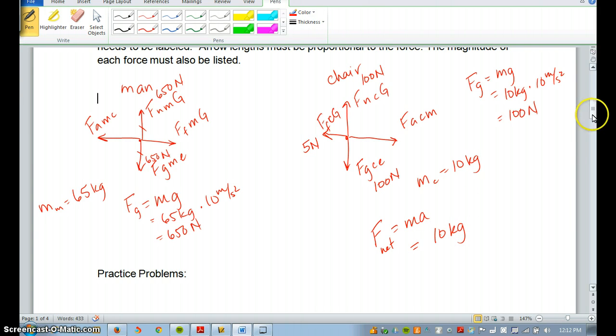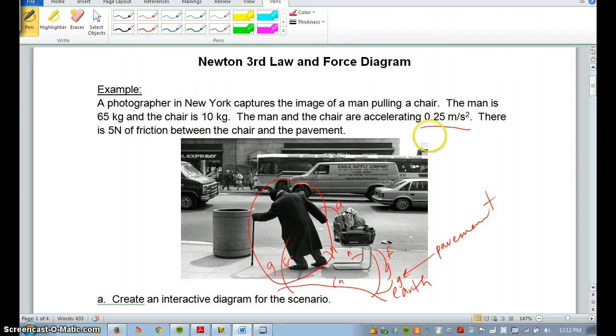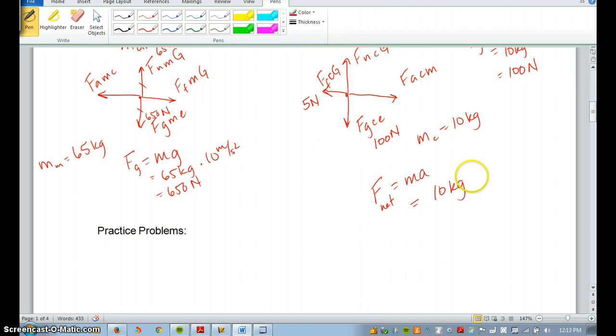And when I see my acceleration back up here, the acceleration is 0.25 meters per second squared. Okay, so I multiply that. That's 0.25 meters per second squared. This works out to be 2.5 newtons of net force.